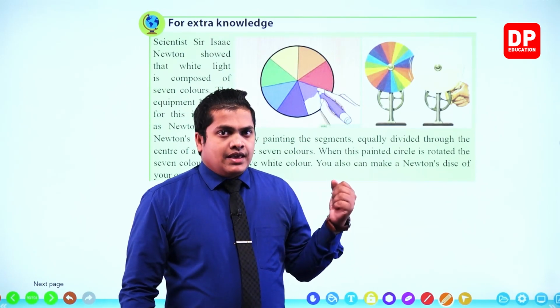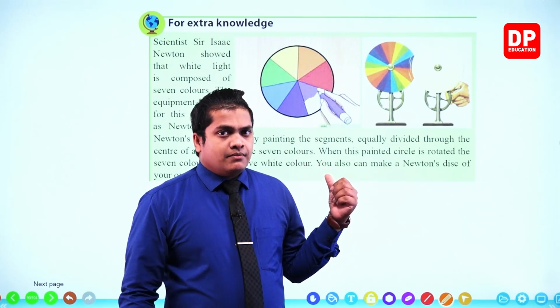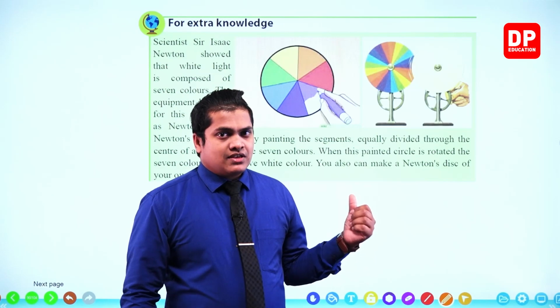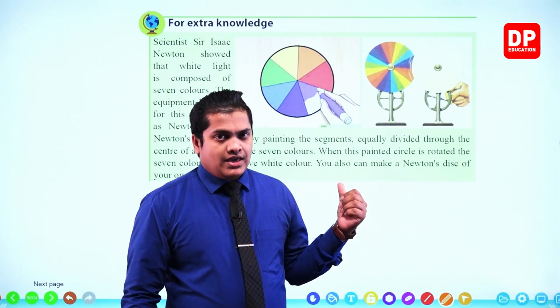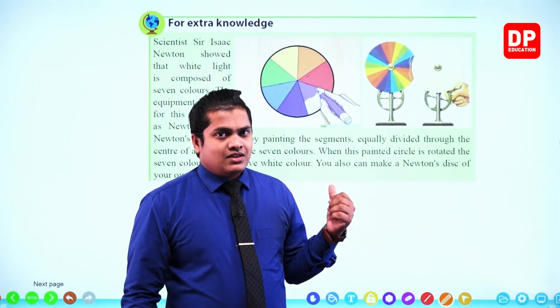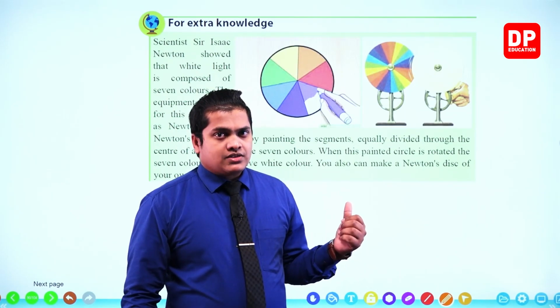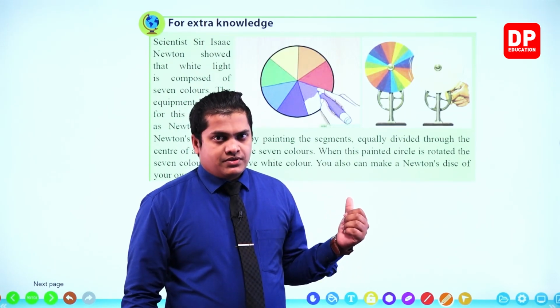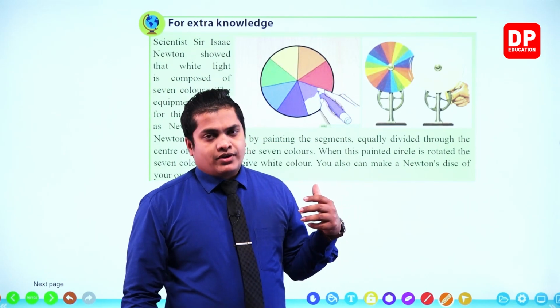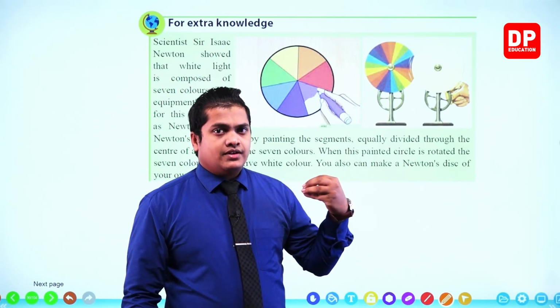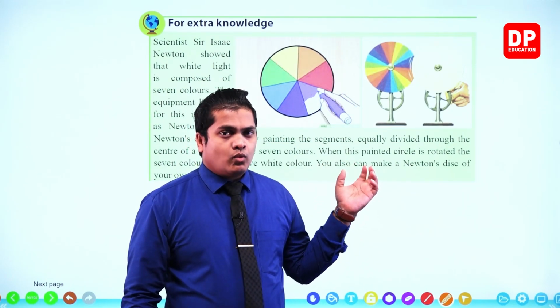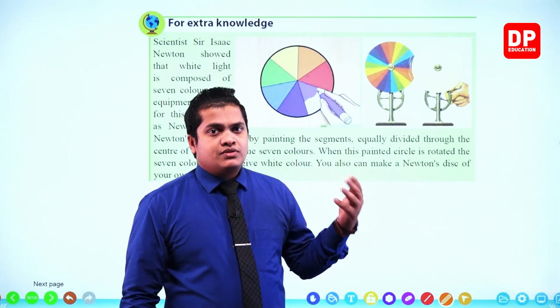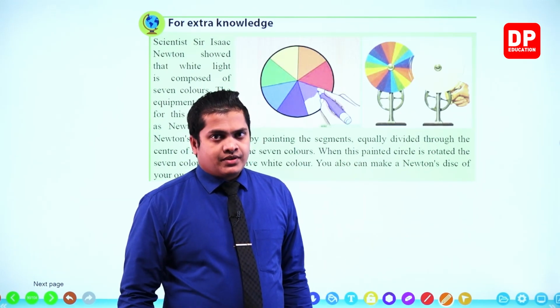Here the disc is made by separating it into 7 segments. Within these 7 segments, the rainbow colors or the colors of the spectrum can be observed. So what Newton did is, he rotated the wheel quite fast and observed what happens.